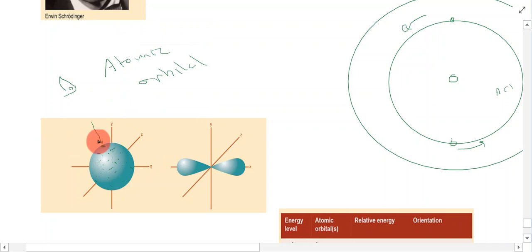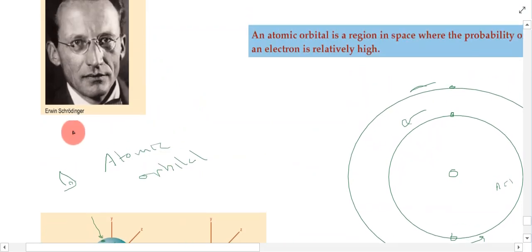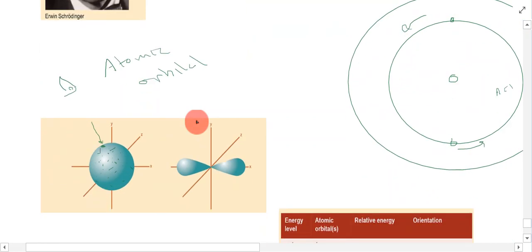So you have these different, what are known as atomic orbitals. These atomic orbitals use Schrödinger's equations, which are quite involved and complicated. Scientists can carry out experiments and measure, for example, the location of the electron.